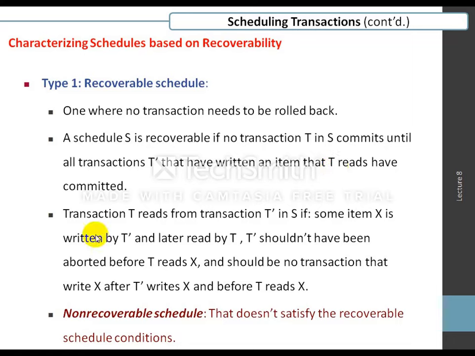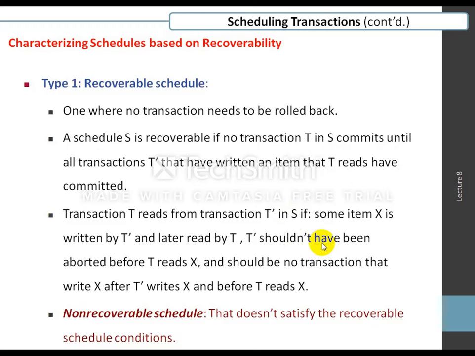Third condition, transaction T reads from transaction T bar in a schedule if some item X is written by T bar and later read by T. T bar will write the value and T will read the value from T bar.